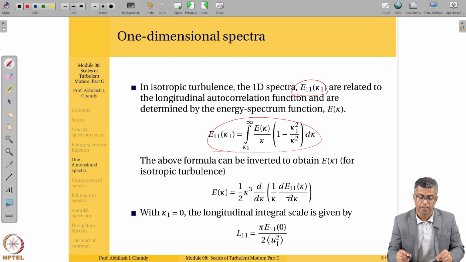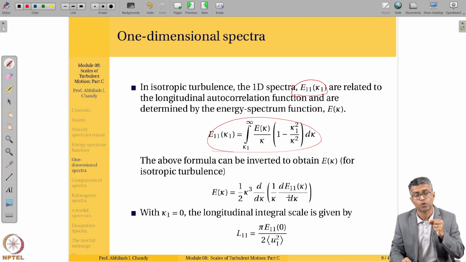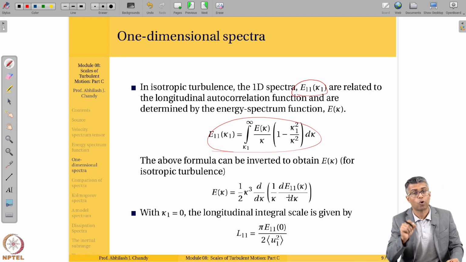So here we started by deriving the 1D spectra from the longitudinal autocorrelation function. Why longitudinal? Because the direction 1 is the longitudinal direction. Since it is 1, 1, it is autocorrelation as opposed to 2-point correlation leading to the velocity spectrum tensor.